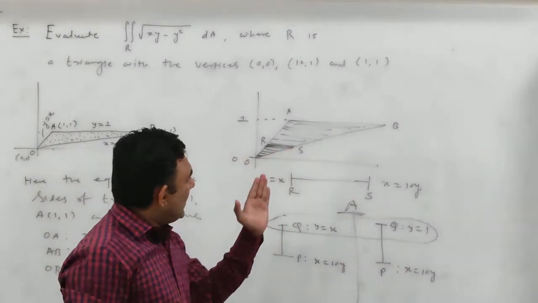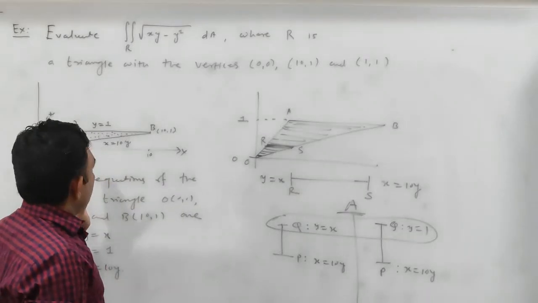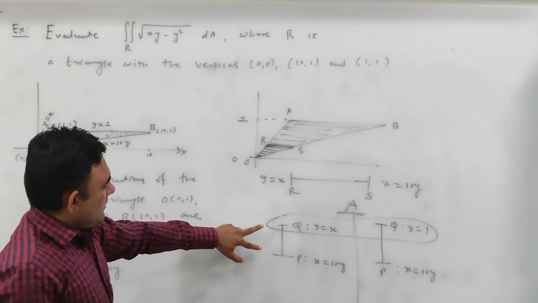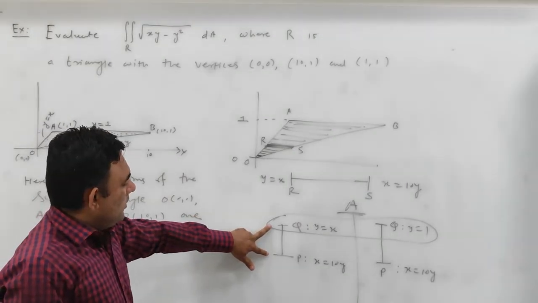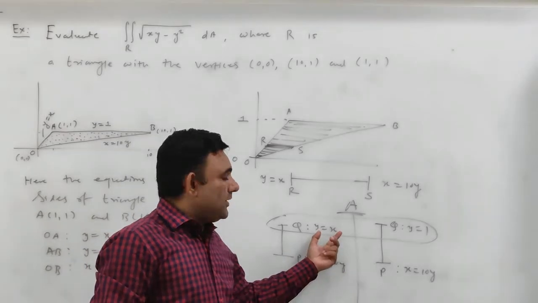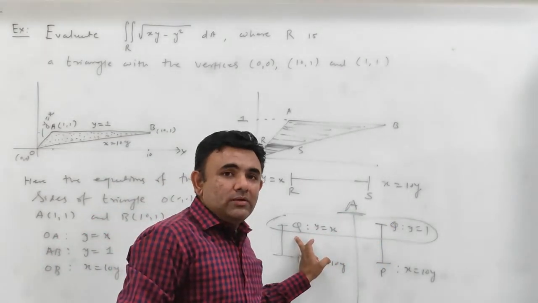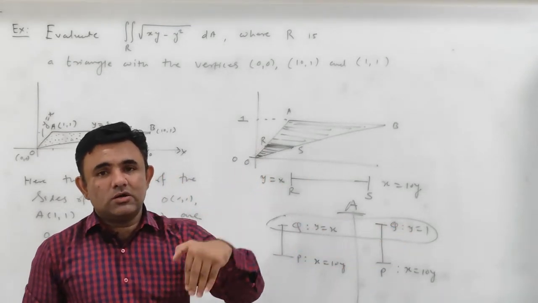But if you consider a vertical strip, then up to a certain level, that is up to point A, the bottom end and top end of the strip will be on x equal to 10y and y equal to x. But after A, the upper end of the strip will change the curve.